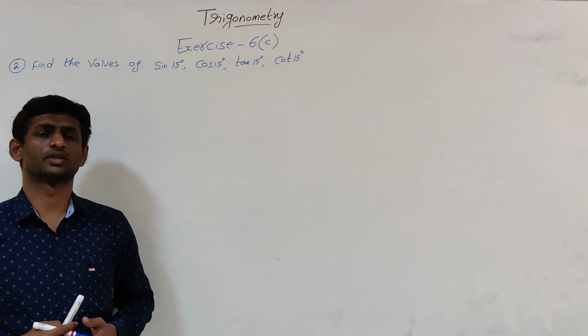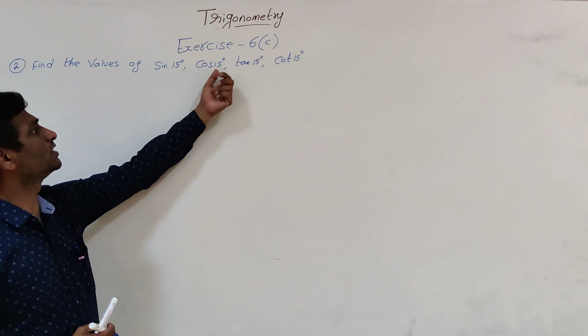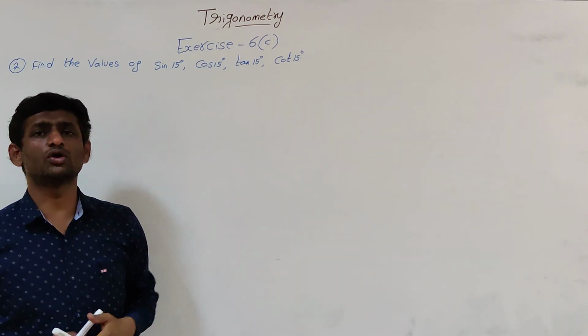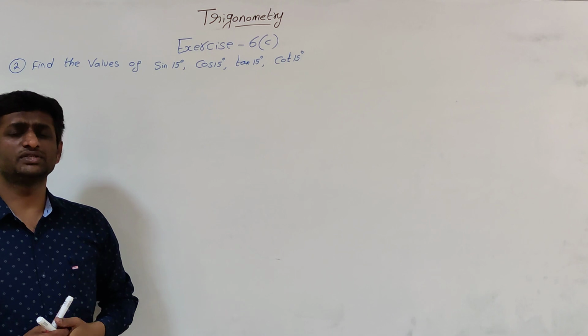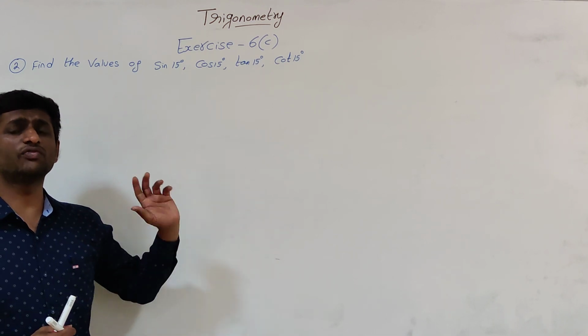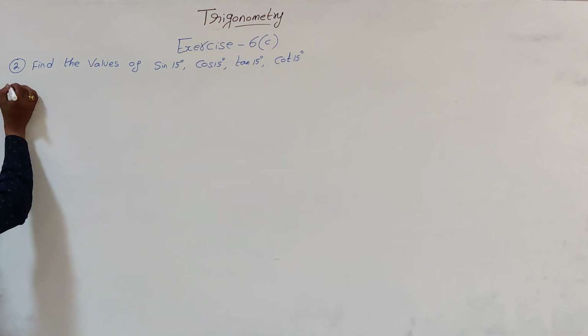Next question. Find the values of sin 15 degrees, cos 15 degrees, tan 15 degrees and cot 15 degrees. 15 degrees means it's a difference of 45 and 30. Now we'll see the proof.